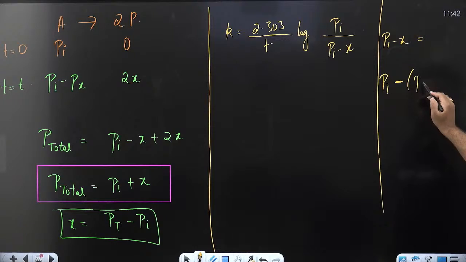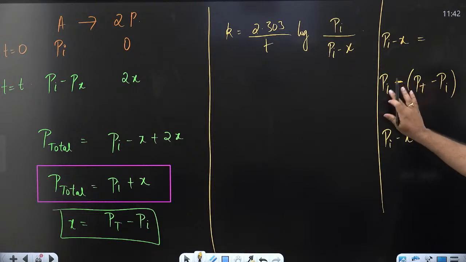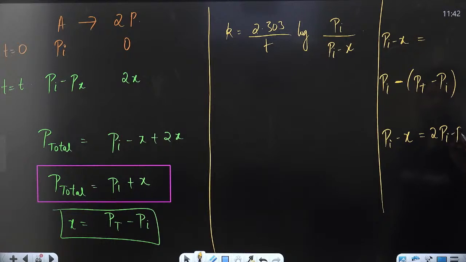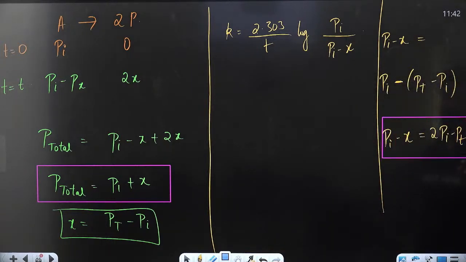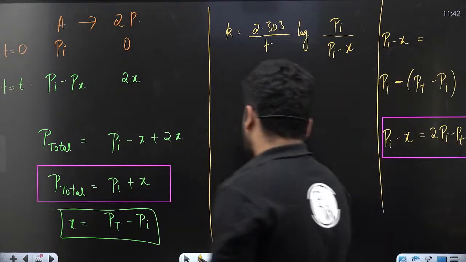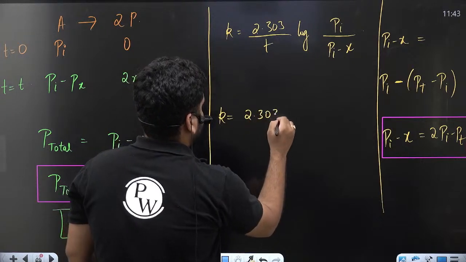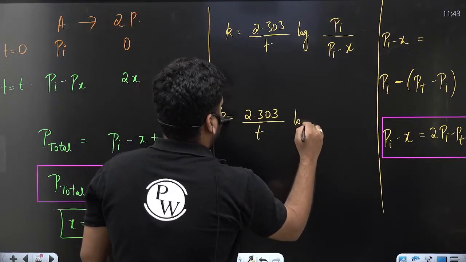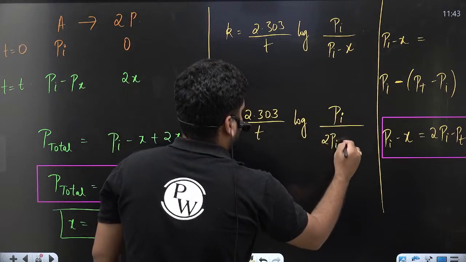Pi minus Pt minus Pi. So Pi minus x can be represented as Pi plus Pi minus Pt, this would be 2Pi minus Pt, right? So in place of Pi minus x, what can we write? 2Pi minus Pt. So k is equal to 2.303 divided by t log Pi divided by 2Pi minus Pt.